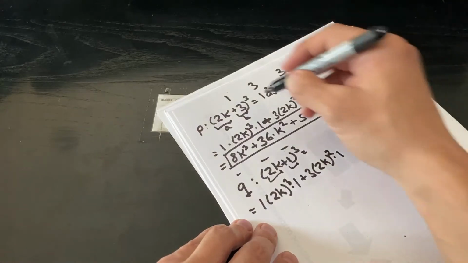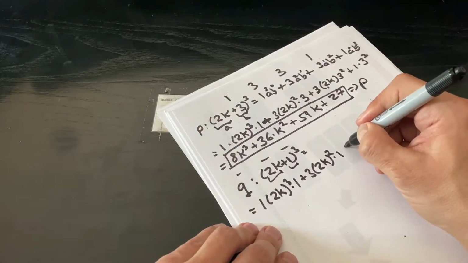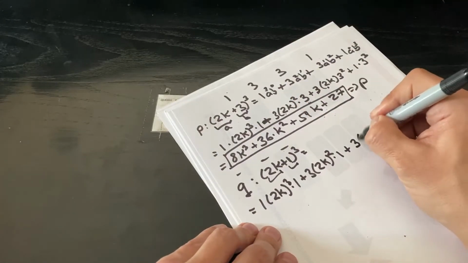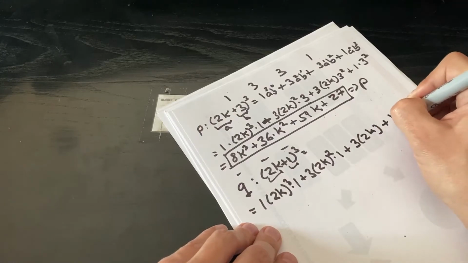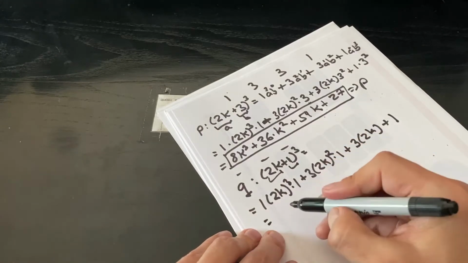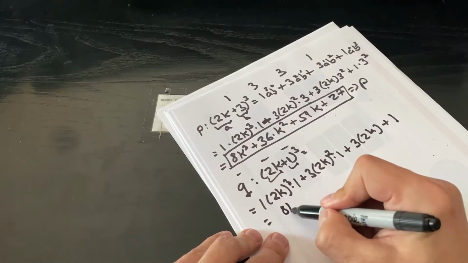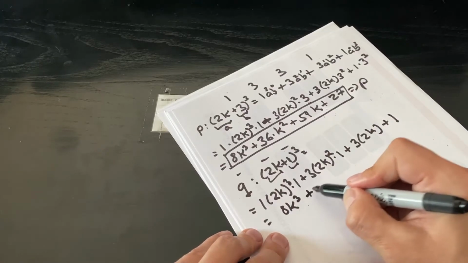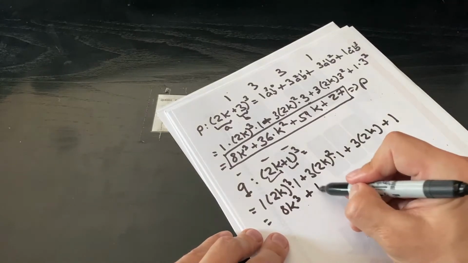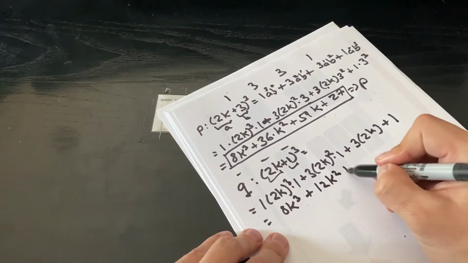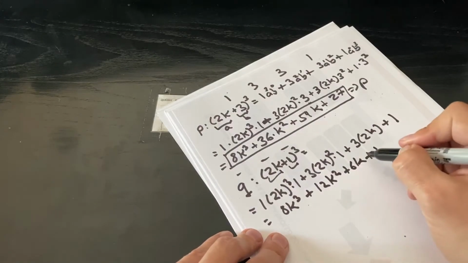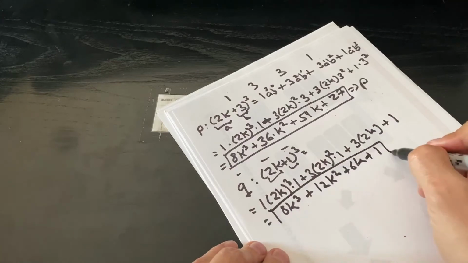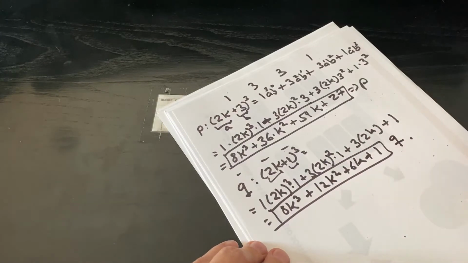So this one doesn't change, unlike the previous one, okay? So we have plus 3 times 2k plus 1, okay? So again, this is 8k cubed plus 12k squared plus 6k plus 1, okay? And this is our q, okay?